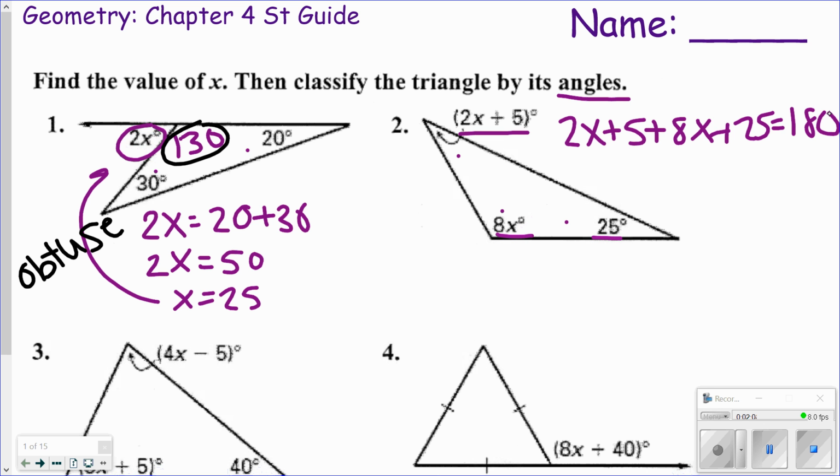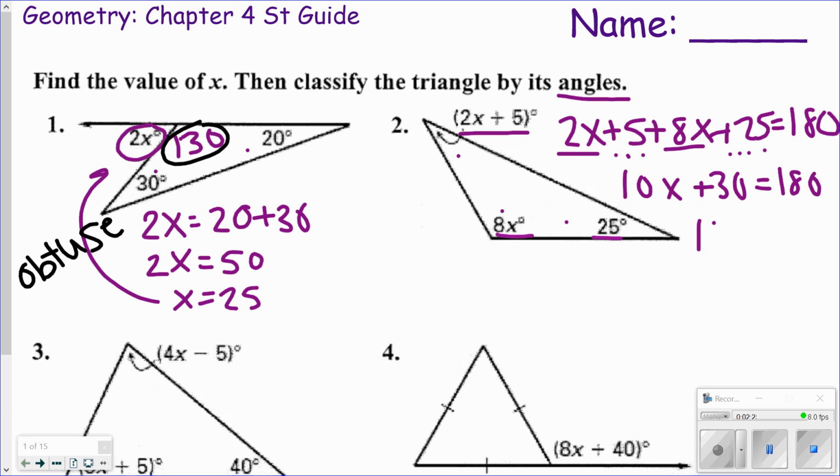From here, I'm going to combine my like terms. So I have 2x plus 8x, that is 10x. Then I have 5 plus 25, that is 30, is equal to 180.